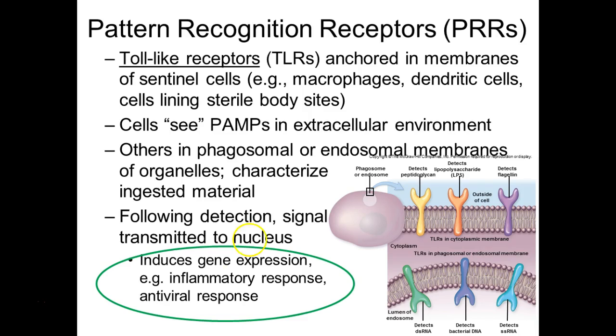So again, notice receptors on the outside of the cell, but also receptors on the inside. Even if a bacteria gets on the inside, we can detect bacterial DNA versus our DNA.